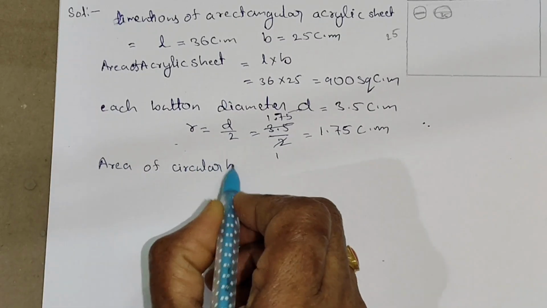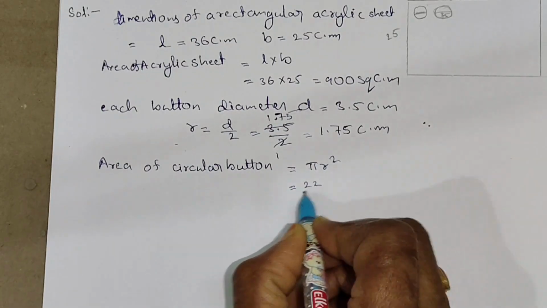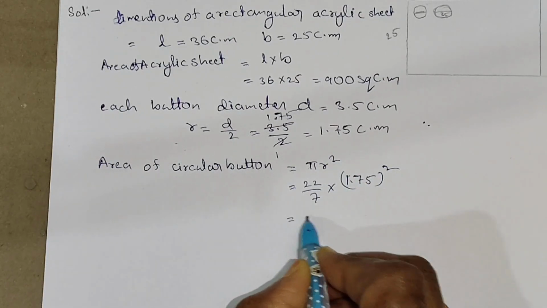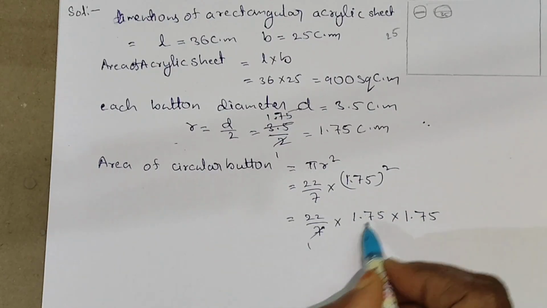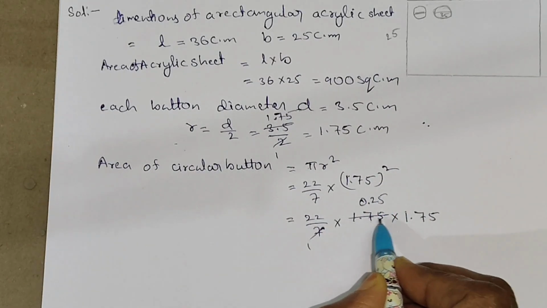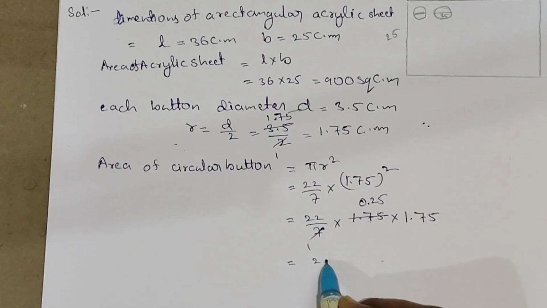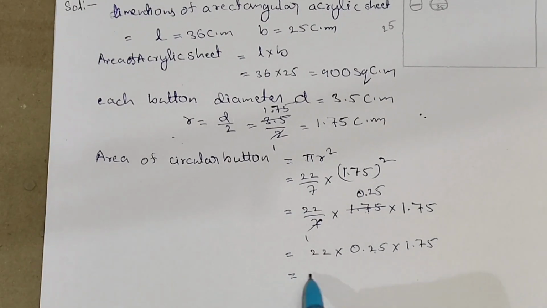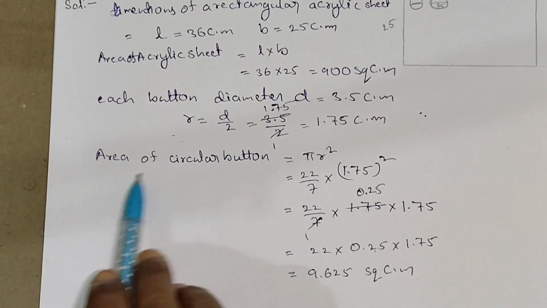The formula is pi r square, where pi is 22 by 7 and r is 1.75, so we write the whole square. 22 by 7 into 1.75 into 1.75. 1.75 times 1.75 gives 3.0625, with the decimal places handled accordingly. Multiplying 22 by 7 into 1.75 into 1.75, the area of a circular button is 9.625 square centimeters.